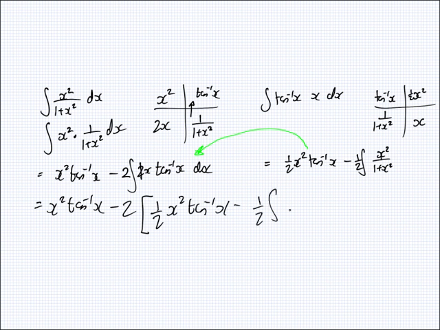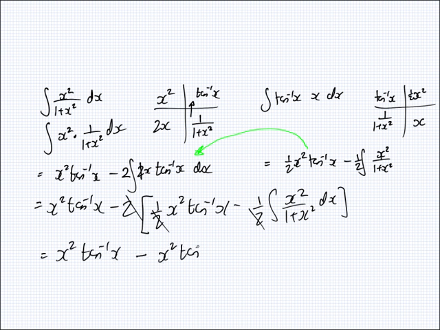Minus a half integrate x squared over 1 plus x squared dx. I can cancel that with that with that. And let me just open the brackets. X squared tan inverse x minus x squared tan inverse x. Well, that's really nice because they cancel. Minus minus plus. So that's plus integrate x squared over 1 plus x squared dx.